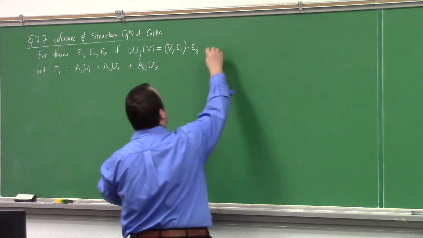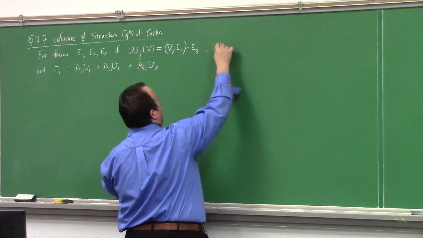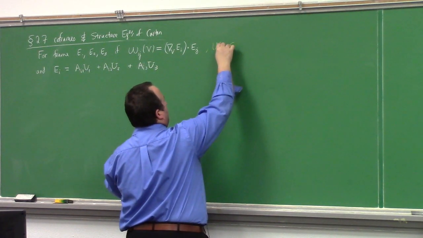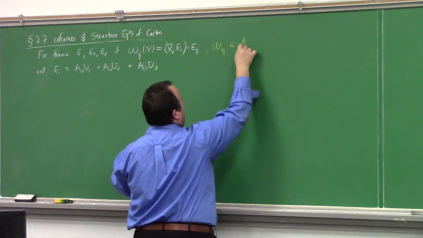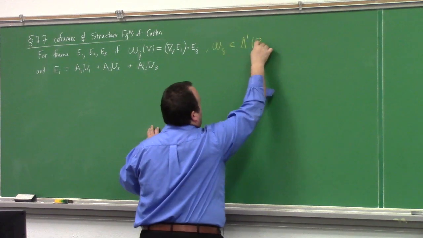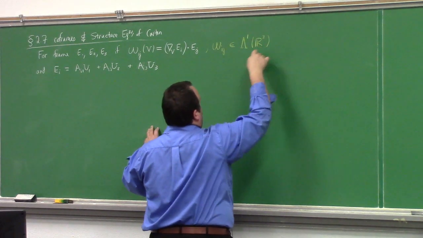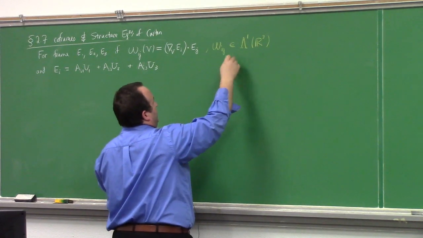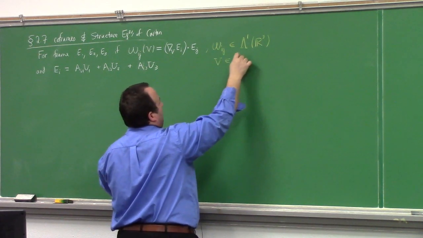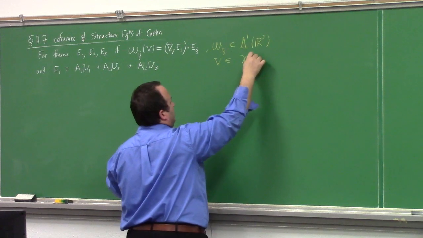So here, omega ij is an element of what we'll call lambda 3, 1 rather, of R3. I haven't said that notation in class yet. 1 forms on R3. In contrast, V was a vector field, which I've been using this symbol for on R3.